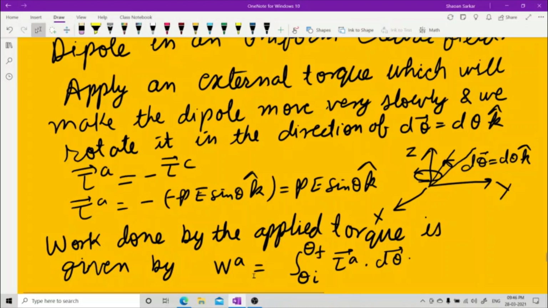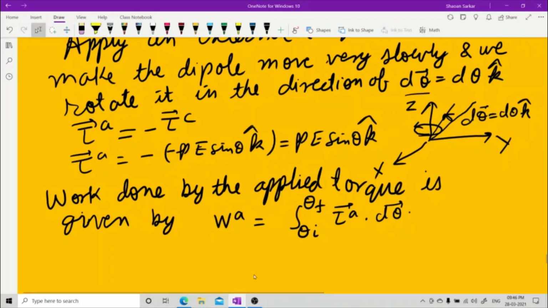This has to be in vector form. Now d theta, you already know, if the dipole is rotated in this manner, the direction of d theta will be in the direction of the z-axis. This is the z-axis, this is your x coordinate and this is your y coordinate.